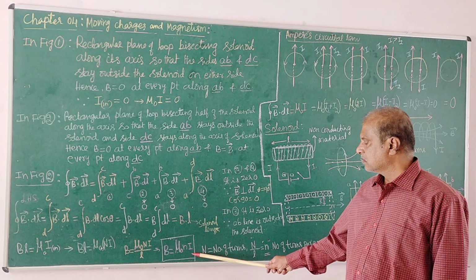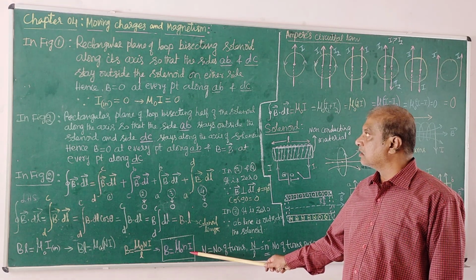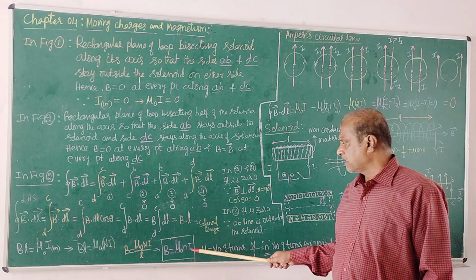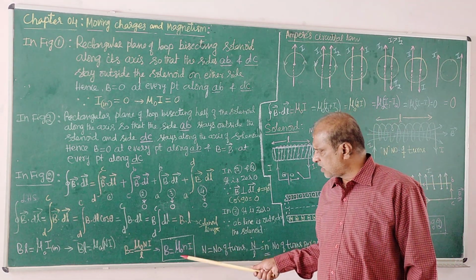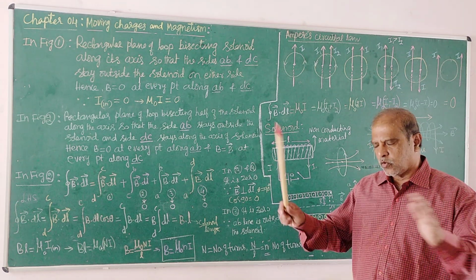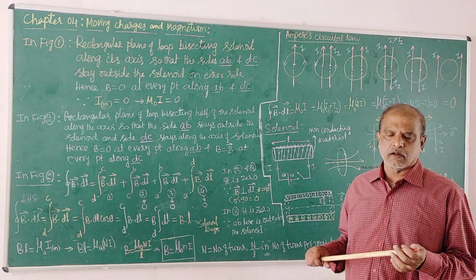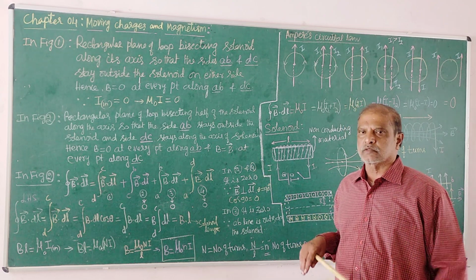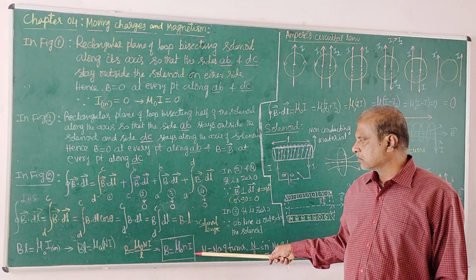There is an expression you can easily apply to any configuration like this. You can also get the same expression using Biot-Savart's law, but the derivation is different. It is a laborious mathematical evaluation, a bigger process, but you get the same expression either way.